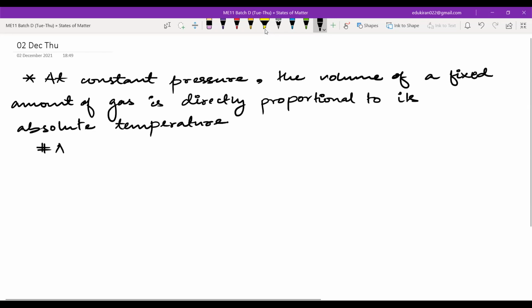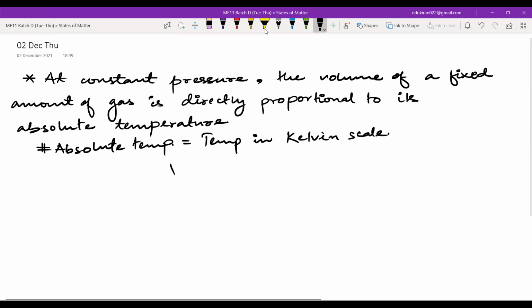So absolute temperature means temperature in Kelvin scale. So we can write a proportionality here. Volume is directly proportional to temperature. Hence, volume is equal to a constant. This is the second law. That's why I'm writing K2 into T. And then we can write volume upon temperature will be a constant, which will be K2.